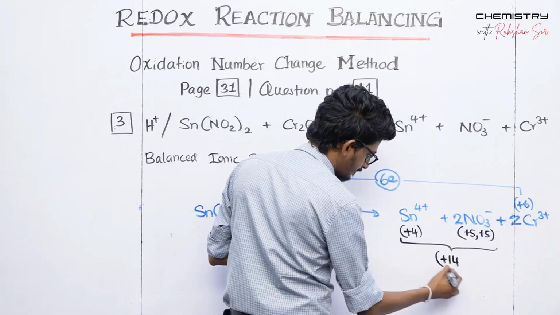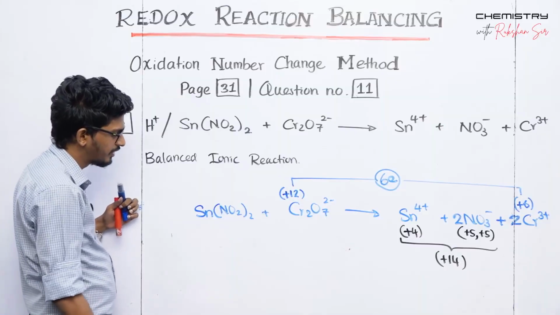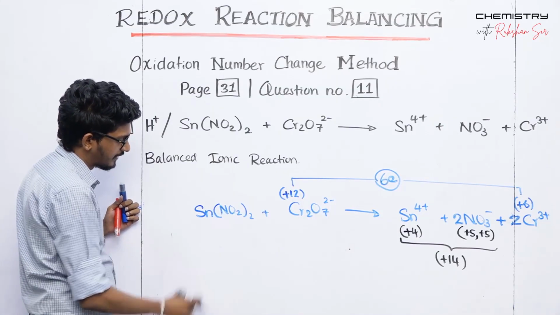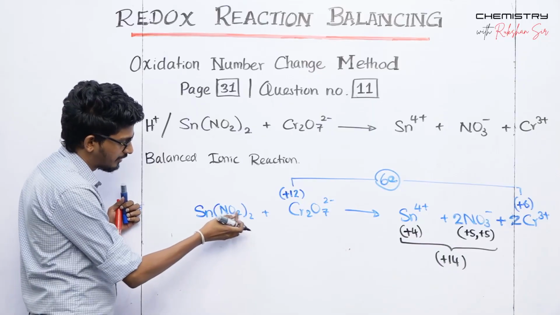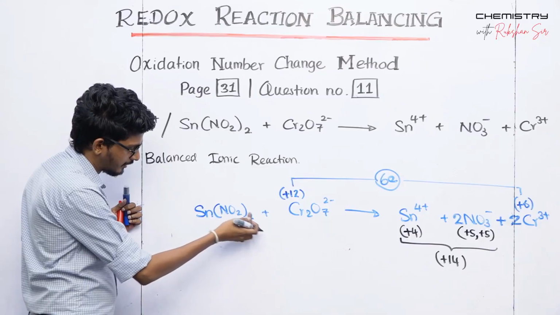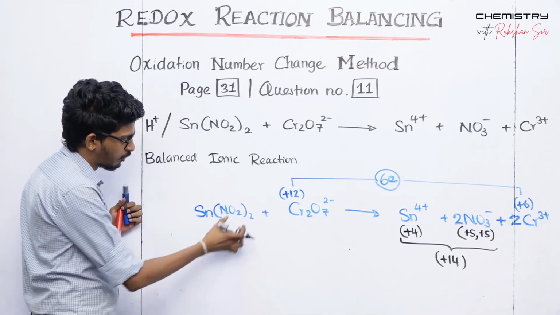Right? What about here? So we need the summation of oxidation states of nitrogens and tins, right? So you have 4 oxygens altogether. 2 oxygens here, another 2 is 4 oxygens. 4 oxygens carry -8.